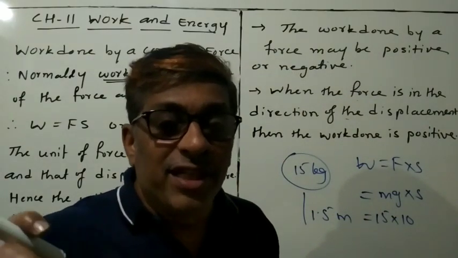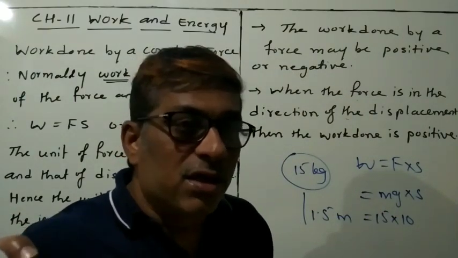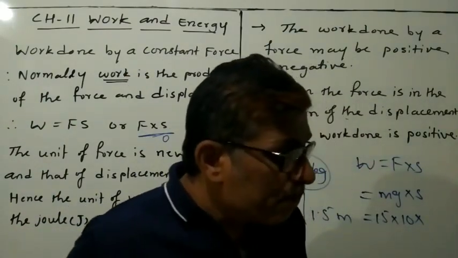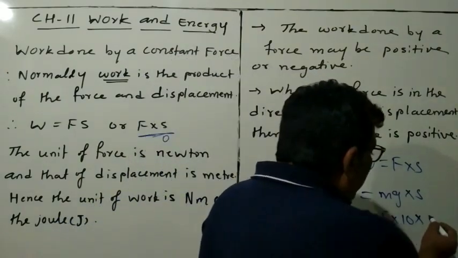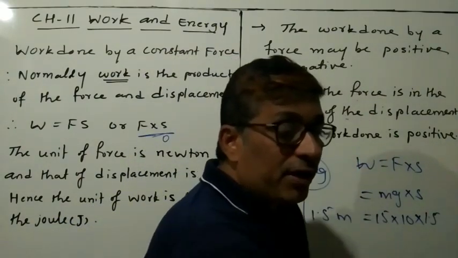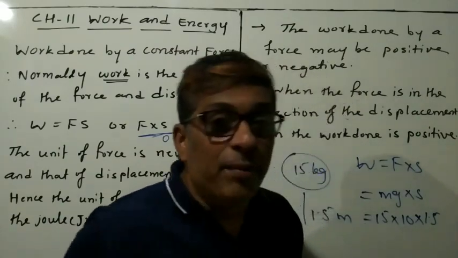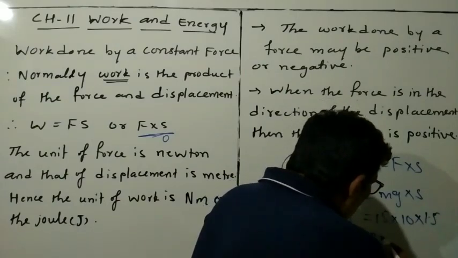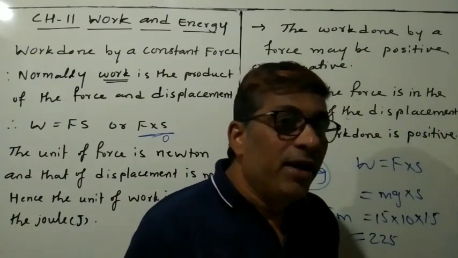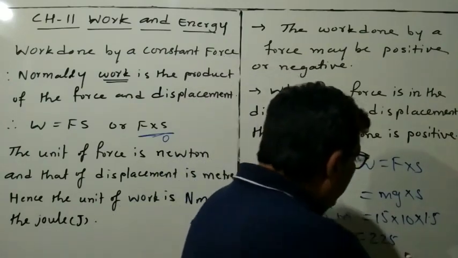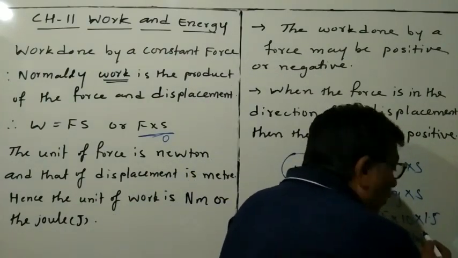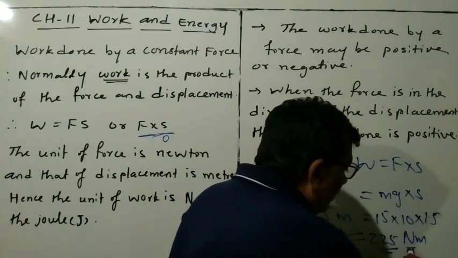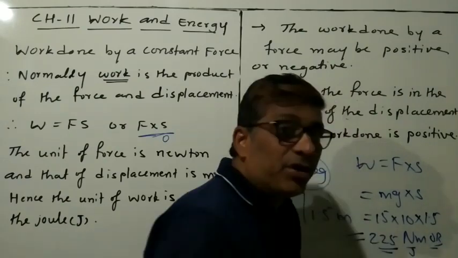S is 1.5 meter. After the multiplication you will get 225 Newton meter, or you can write 225 joule.